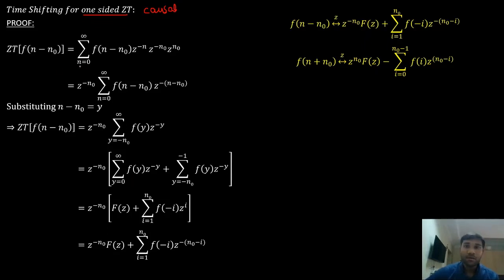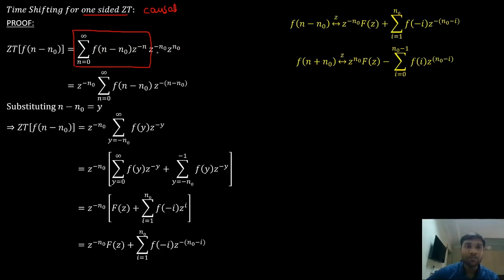Then instead of minus infinity to infinity, I'll have 0 to infinity. So this is the formula for my Z transform. I'm now multiplying with z to the power minus n naught and z to the power n naught. This doesn't make any difference to the entire expression.